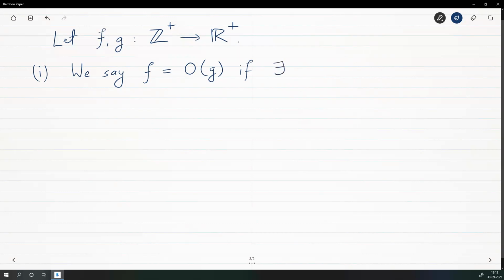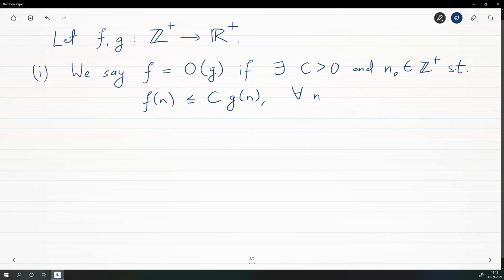So if there exists a real number c positive and an n naught, such that what should happen? Well, f of n should be at most c times g of n for all n greater than or equal to n naught. What does this mean?